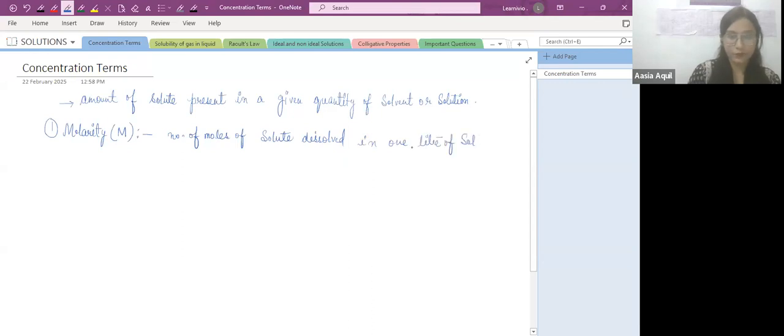Okay. So what could be the formula for molarity? It is denoted by capital M. Molarity can be calculated by the number of moles of solute divided by volume of solution in liter. Got it?